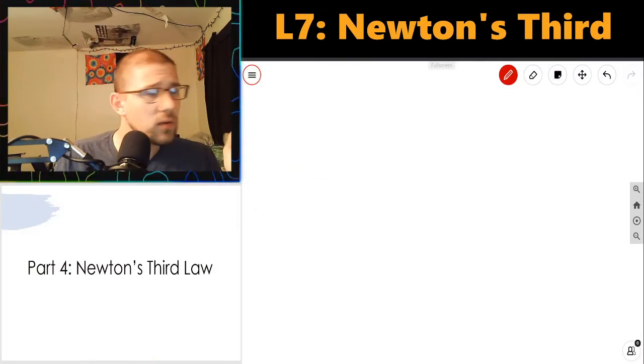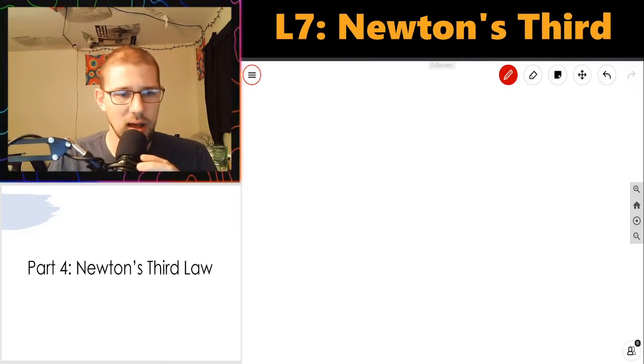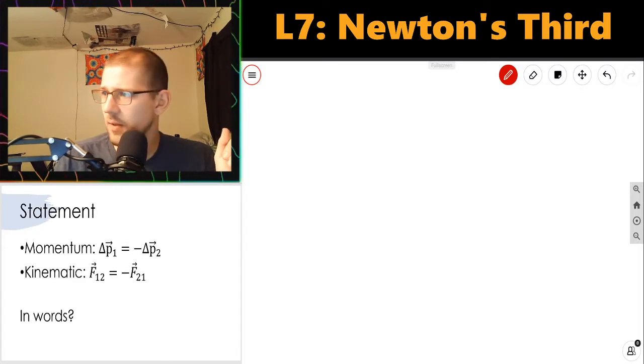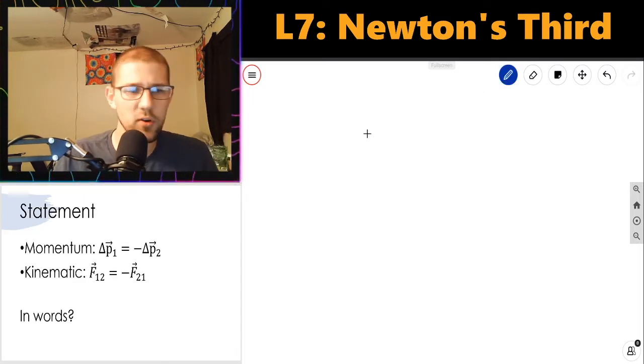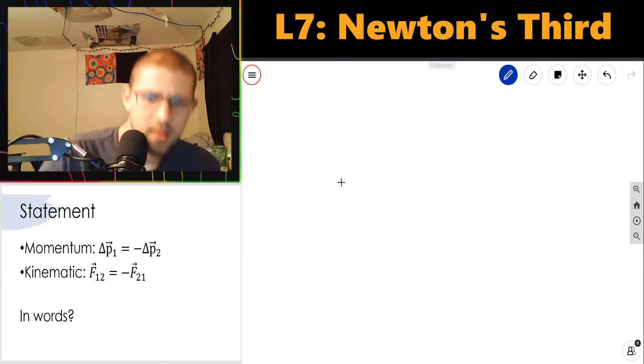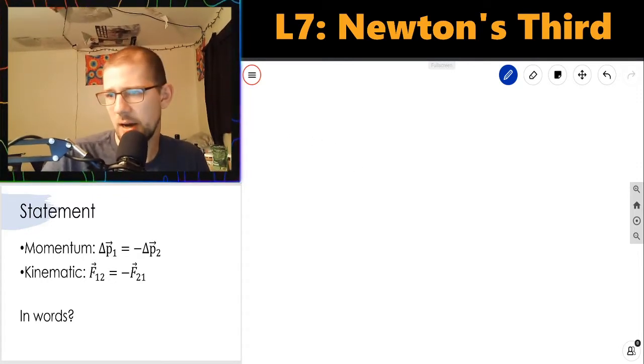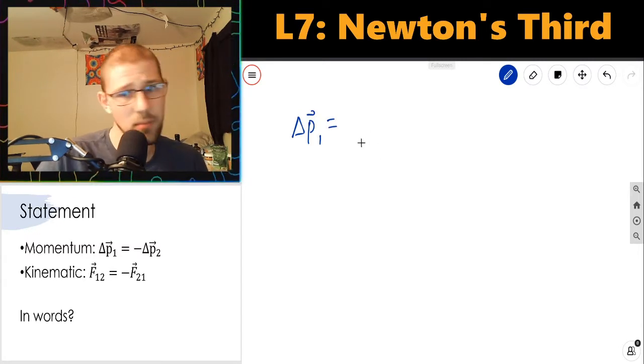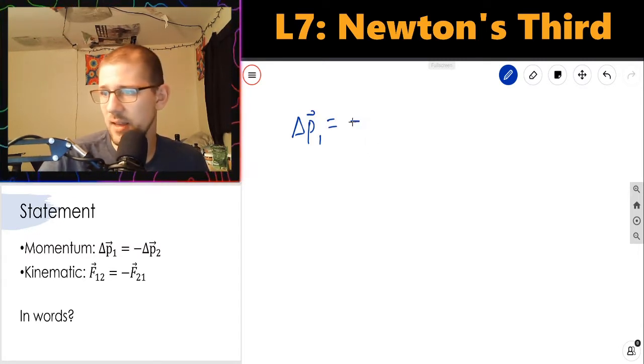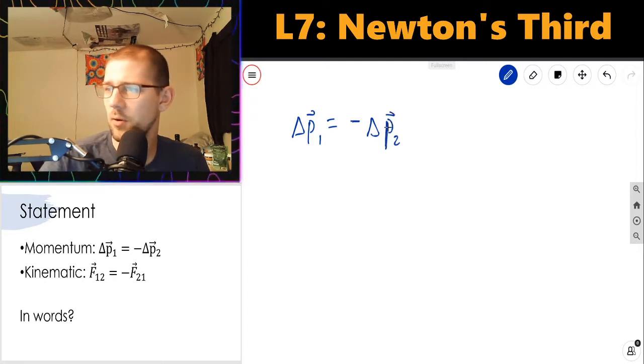Okay. So Newton's third law. What is it? The version we've seen before is that for any two interacting bodies, the change in momentum of one of those bodies is equal to the change in momentum of the other body in the opposite direction.